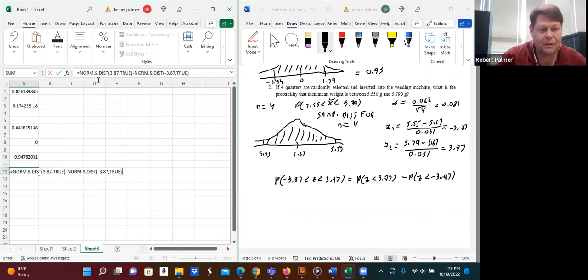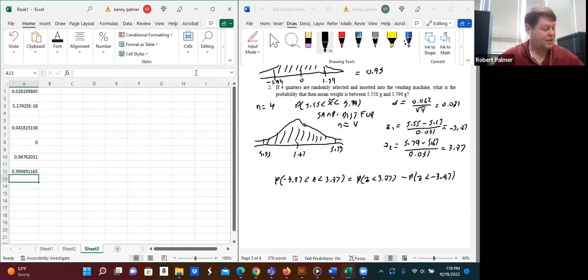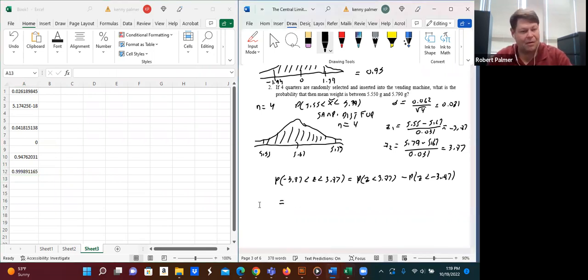Okay, double check, make sure everything is right, and then hit enter. As you can see, that's about 99. In fact, if you go out to about 5 places, let's just call it about 0.99989. And so basically, this is approximately 1 or 100%.